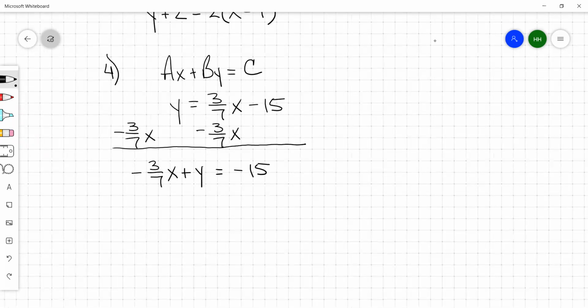Now they ask for this using integer coefficients. So we have to multiply everything by 7 to get rid of this fraction here. So the whole left side gets multiplied by 7 and the right side.